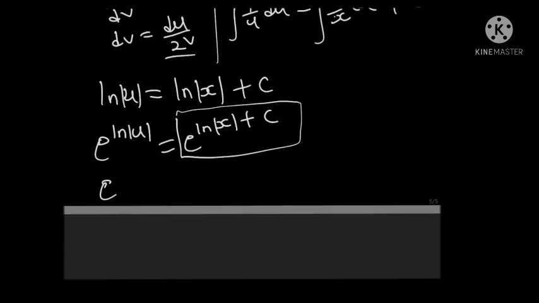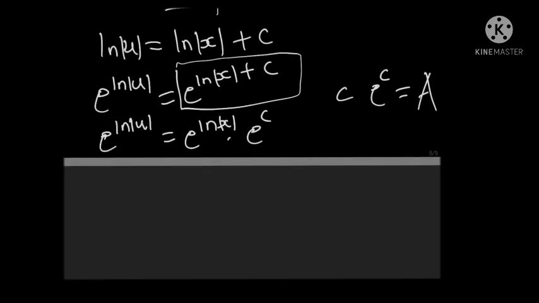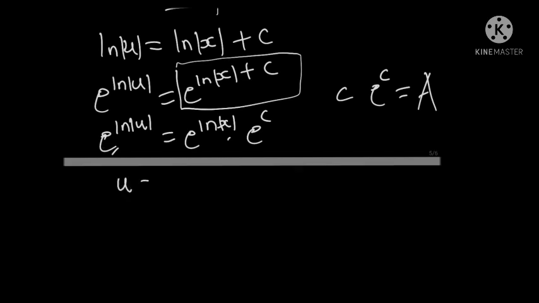So we have e to the ln u equals e to the ln x times e to the c. c is a constant, so e to the c is another constant. So let's just call the resultant constant a. Now, because we have exponential and ln, they will cancel, remaining with u equals a times x.